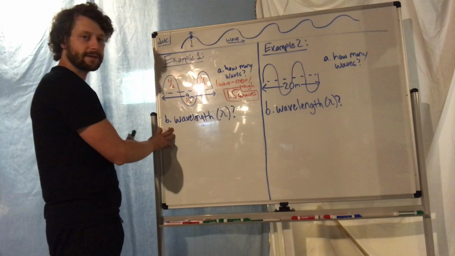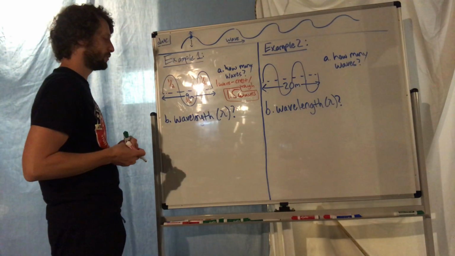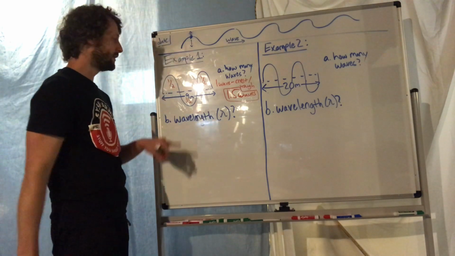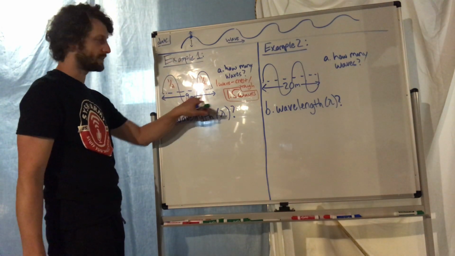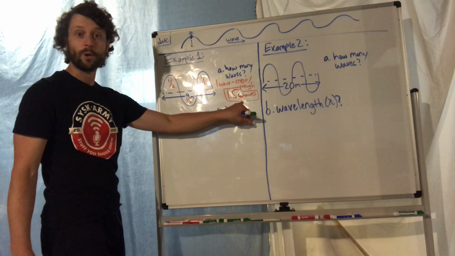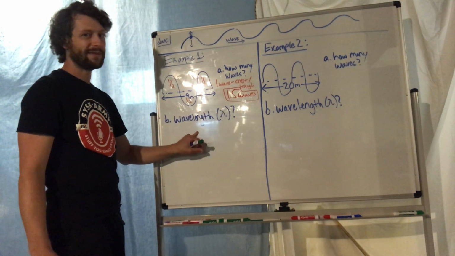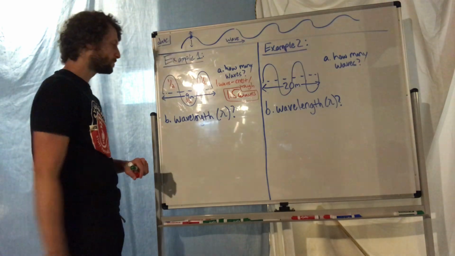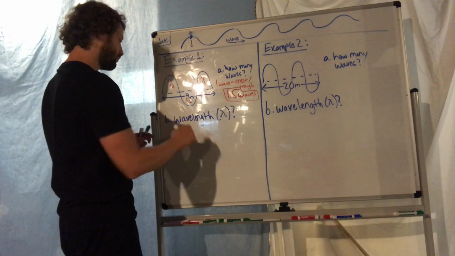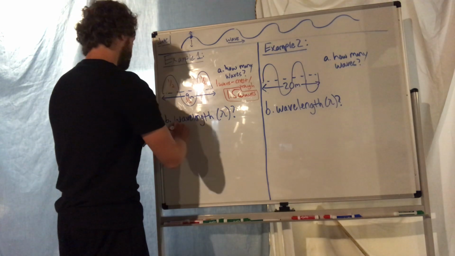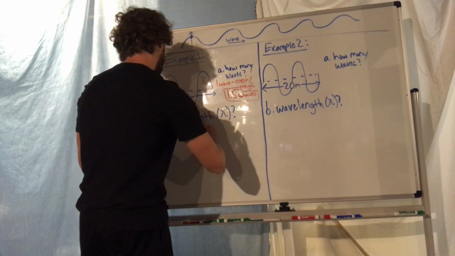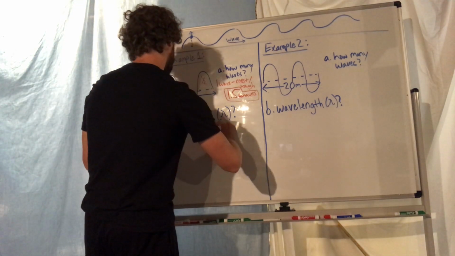Anyway, so the wavelength, let's ask that question. What is the wavelength? So the wavelength is the length of just one wave. 9 meters is, well, we just said it's the length of 1.5 waves. But for wavelength, they're asking what's the length of one wave in that picture, all right? So the wavelength is the length of a crest and a trough together.